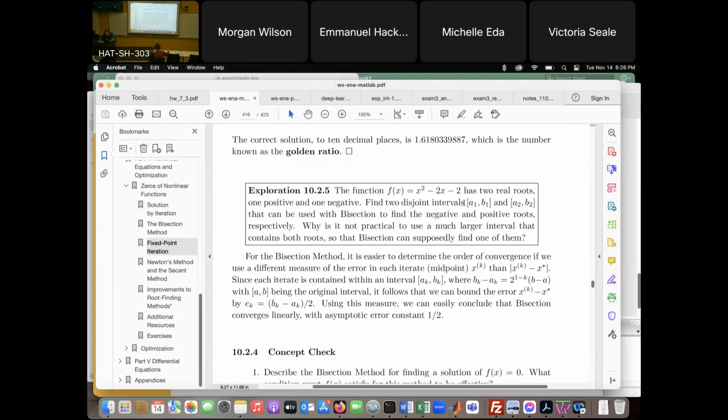So you might choose an interval AB where a function has multiple roots, but bisection will still only find 1 of them. But here it asks you to find 2 disjoint intervals that you can use to find the positive and negative roots.